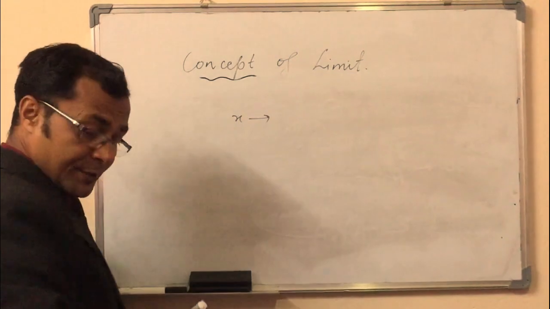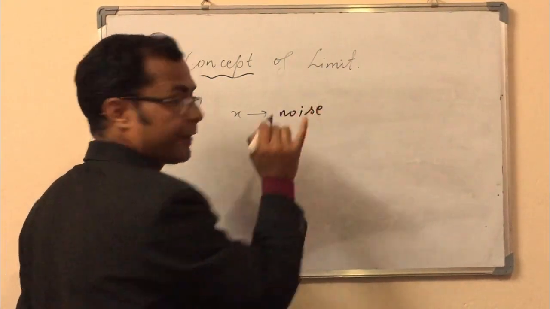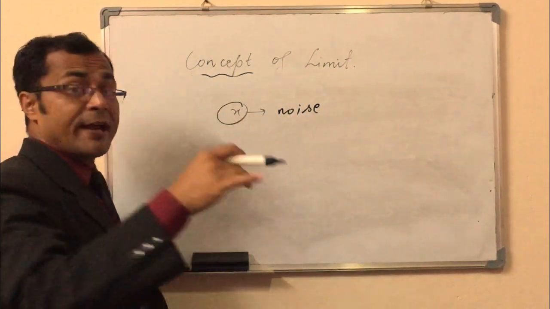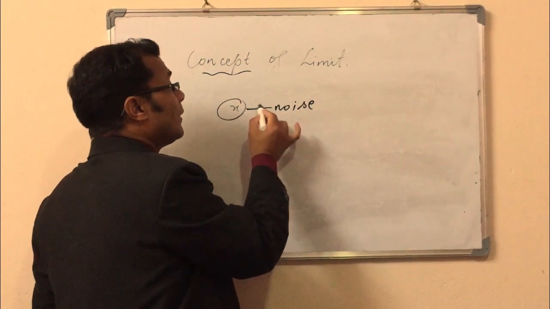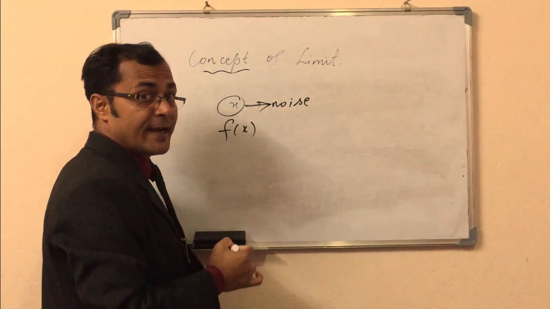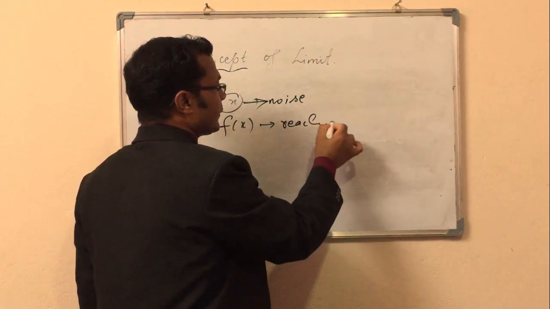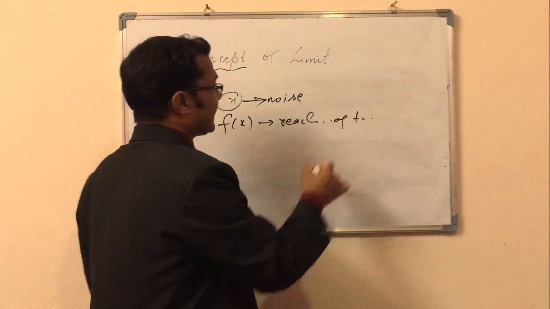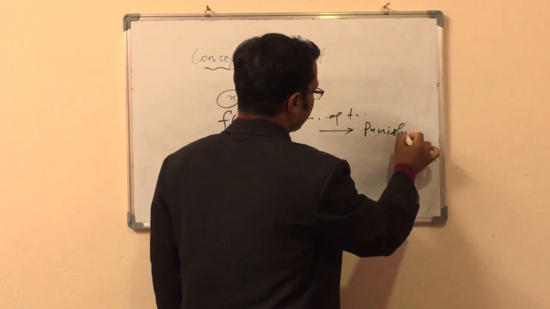When you make noise, x converges towards noise. Look here, it's very clear. x means the activities of that child. When this approaches noise, then f(x), that is the reaction of the teacher, converges towards punishment.